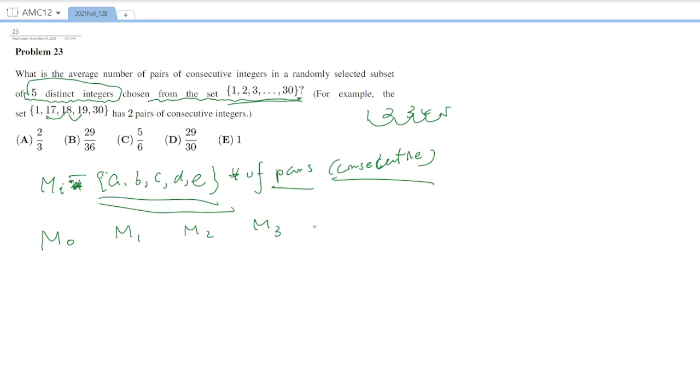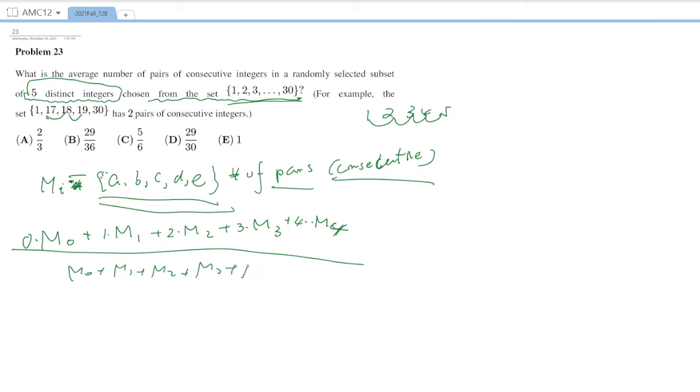So the average will be 0 times m0, 1 times m1, 2 times m2, 3 times m3, and 4 times m4, divided by the total m0 plus m1 plus m2 plus m3 plus m4.